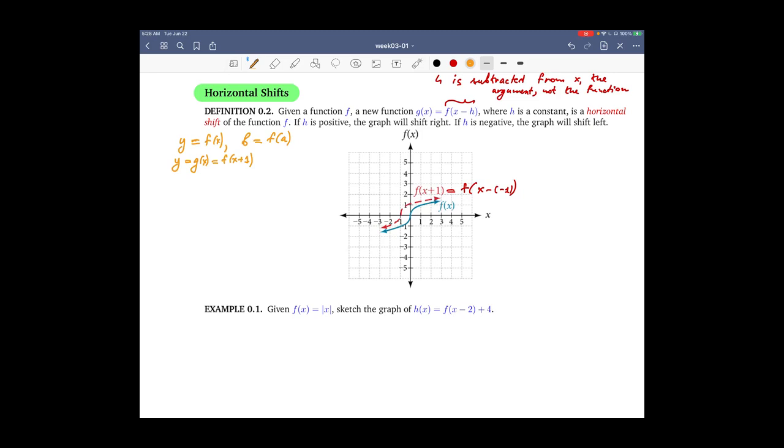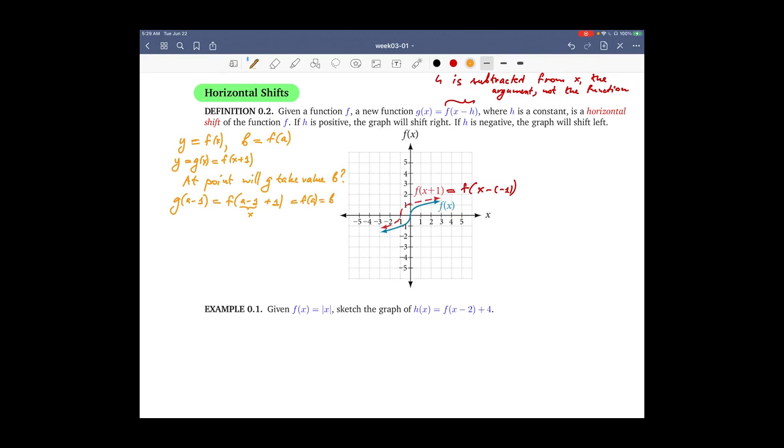The question is, at what point will g take value b? Well, I claim g will take value b at the point a minus 1. That is because g at a minus 1 is, by the definition of g, f at a minus 1 plus 1. And of course, that's f at a, which is b.